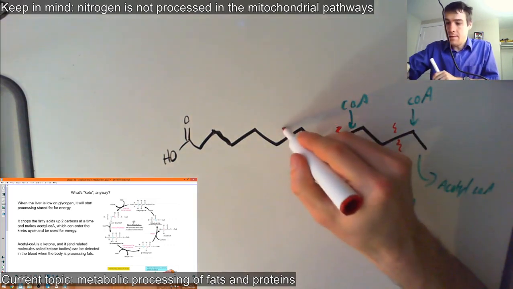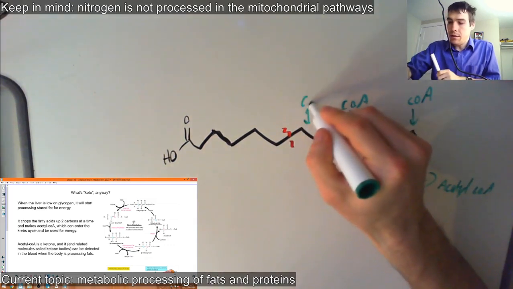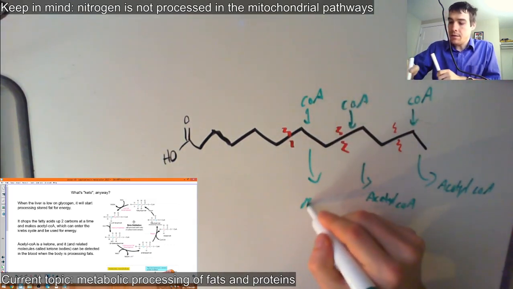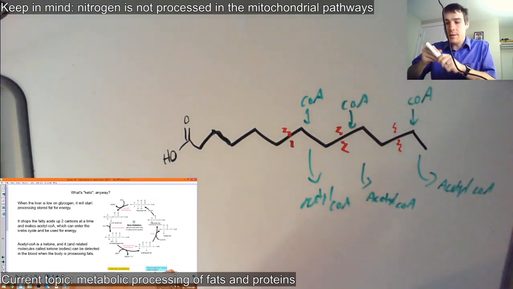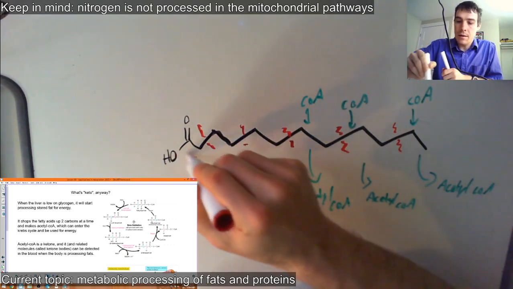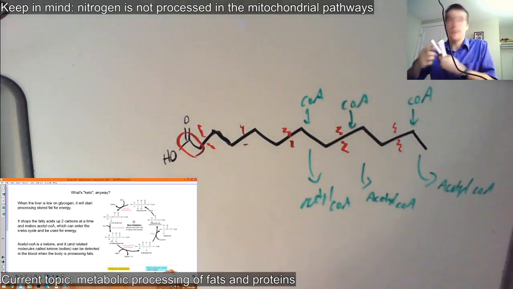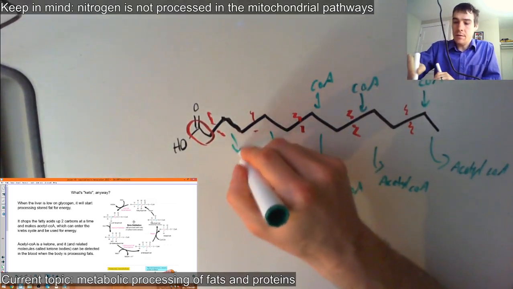And the same thing, right? Chop it there, CoA, out comes acetyl-CoA, until it's done. Until it chops up the whole thing, and that will also get processed into acetyl-CoA as well.